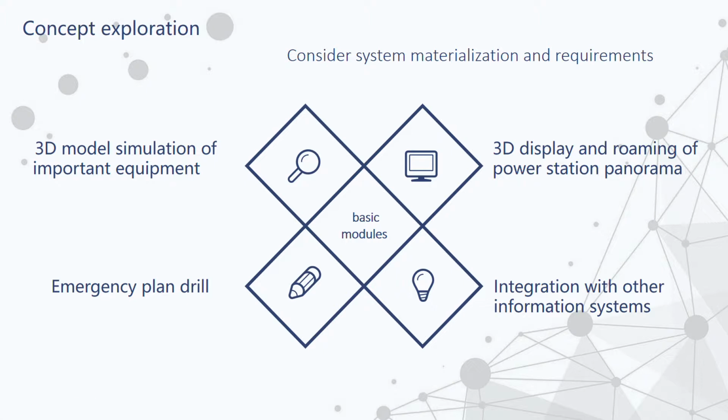This part simulates the process of disaster occurrence and development in the three-dimensional power plant, and the various reactions that the operating personnel may make in the disaster environment, by simulating the disaster and the possible behavior of emergency personnel.